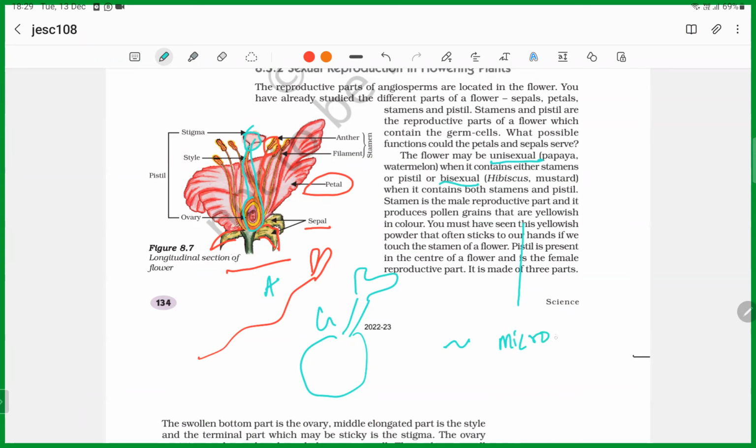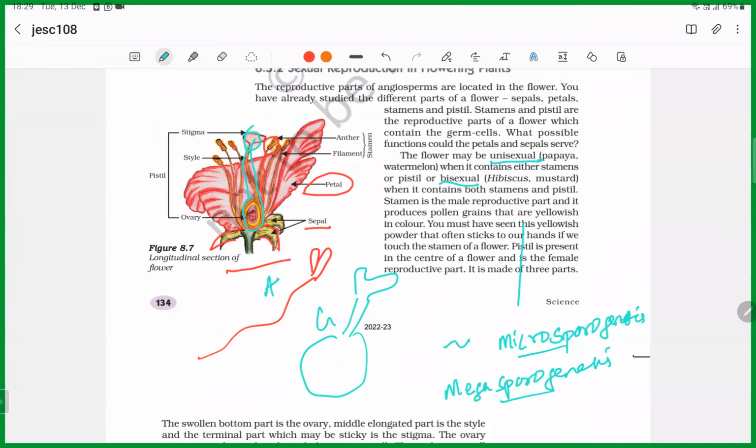The technical term for pollen grain formation is microsporogenesis, and for the female it is megasporogenesis. So microspore, megaspore.